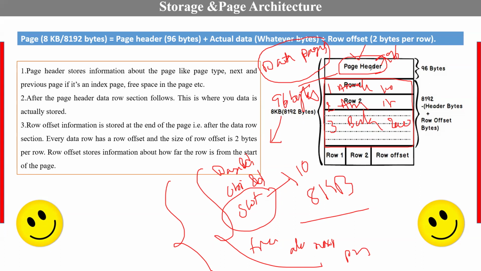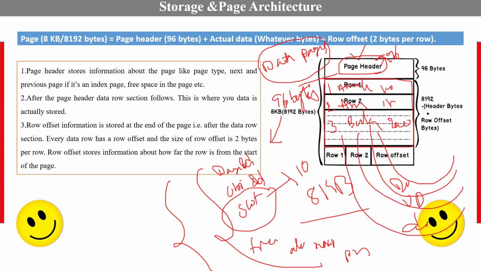Now the page footer. Technically you can call it a row offset. Whatever data you are inserting, updating, or deleting will enter from the row offset, from the footer into the page like this. Whatever record enters, that object record ID will be stored in the row offset.